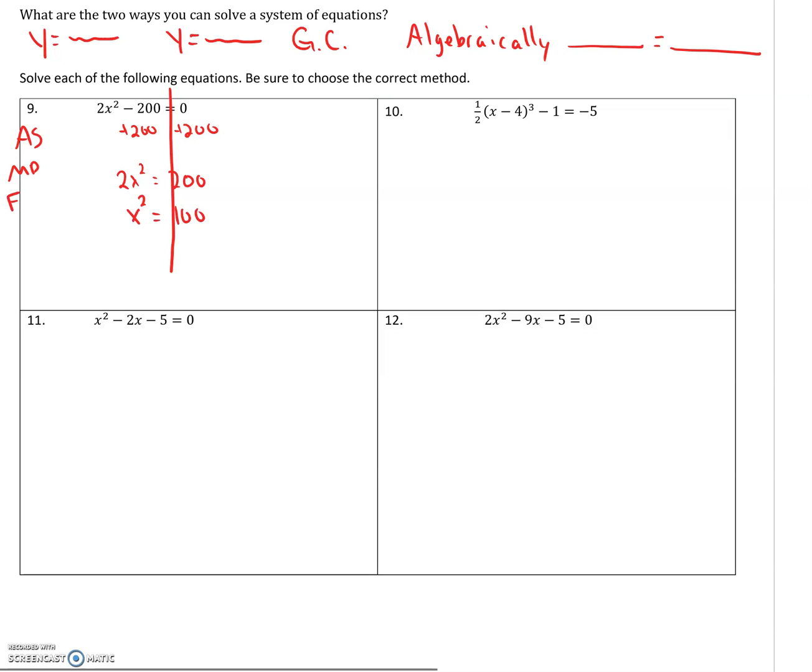And then to get rid of that exponent, I will use that square root. And this is where we can get the multiple answers. The square root of 100 is 10, because 10 times 10 is 100. But it's also going to be negative 10 because negative 10 times negative 10 is 100. And that's it. There is no alligator. These are your only 2 answers.